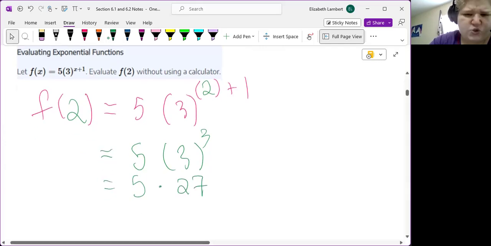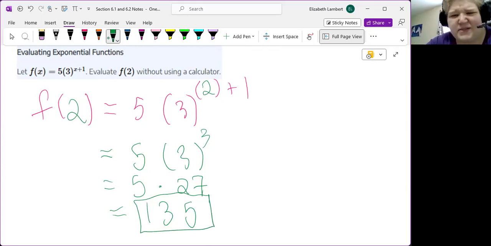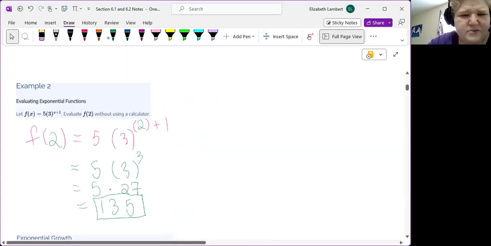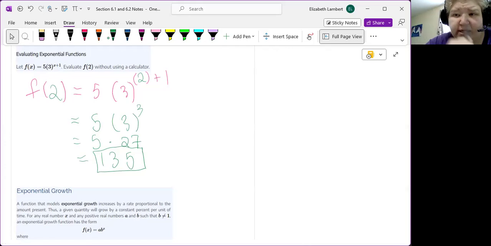Then 5 times 27, 5 times 20 is 100, 5 times 7 is 35, so 135. So I did it without a calculator, do it with math, it doesn't matter. The whole point was more to see the steps, being able to look at a function and break down what happens first, what happens next. That is a skill you will need.